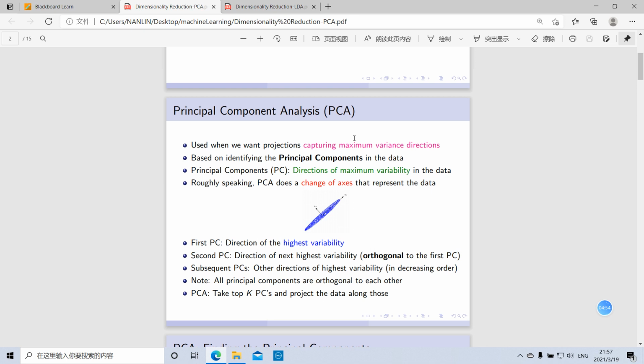At the end of the day, you get a list of components in descending order of variability, with the highest priority meaning in some way more important, and so on. Every component is at 90 degrees to each other.